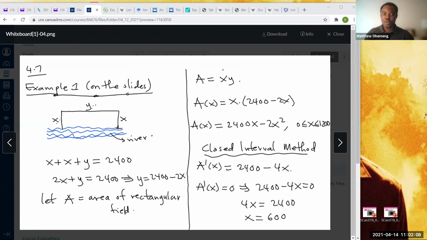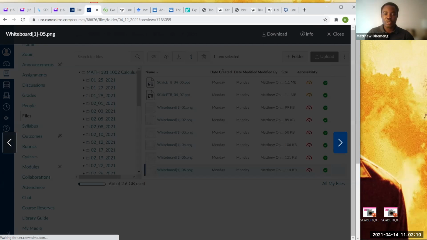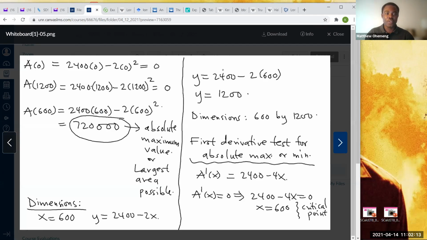We did that. We got x to be 600, which was a critical point. And then solving it, we were able to see that 600 is where the absolute maximum occurs, right? So that led to the dimensions of 600 by the y value, which we obtained by plugging the 600 into the constraint, the equation relating the variables. And then I also showed you the first derivative test. For that one, we do the usual first derivative test.